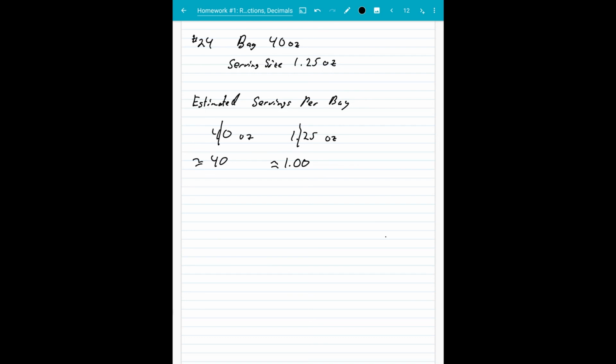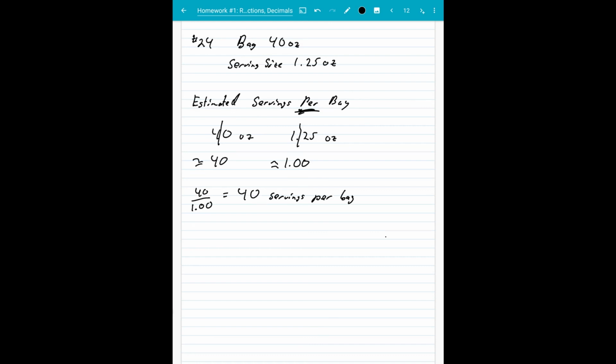Then define servings per bag. Whenever we see this word per, we want to think about a fraction. So we want to do 40 divided by 1.00, which gives us 40 servings per bag.